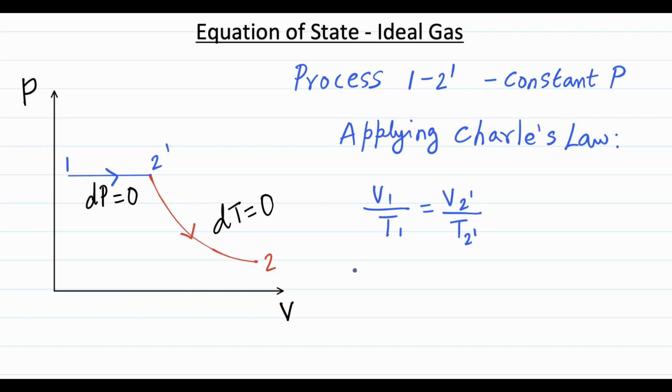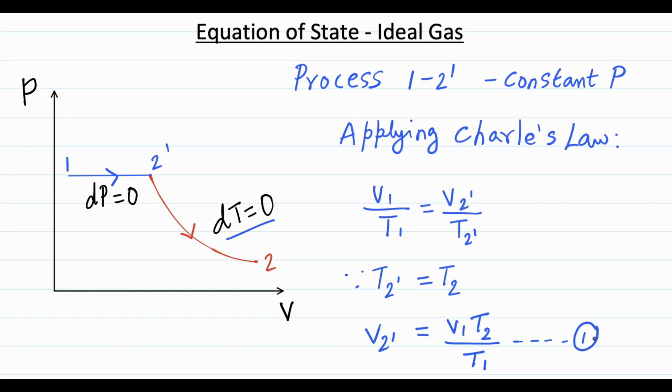And since 2 prime to 2 is a constant temperature process, T2 prime is equal to T2. So we can rewrite this expression as V2 prime is equal to V1 T2 divided by T1, and we are going to call this equation 1.